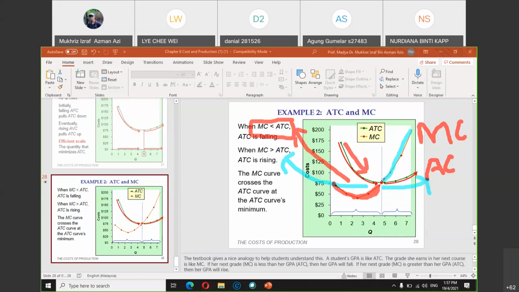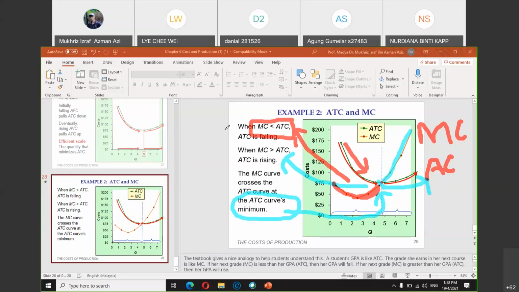Because this point is the minimum point, the MC curve crosses the AC curve when AC is minimum. So this is the point I've been making previously: marginal cost will cut average cost at the minimum point. This is the point we are referring to, the minimum point.